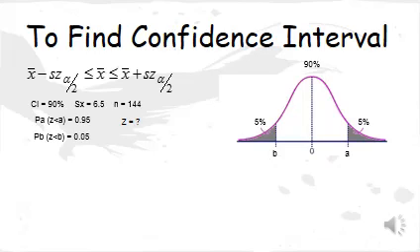At first, we notice that the tails are 5% each. This is because 100% minus the confidence interval of 90% leaves us with 10%, and we divide that in half to make 5% for each tail.